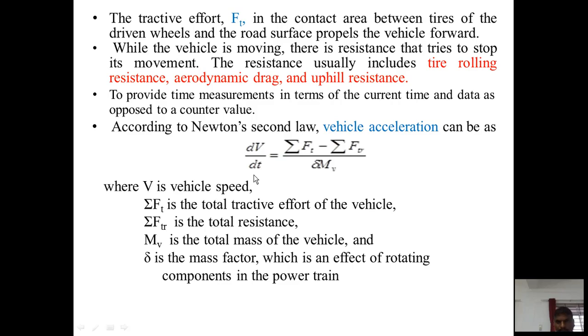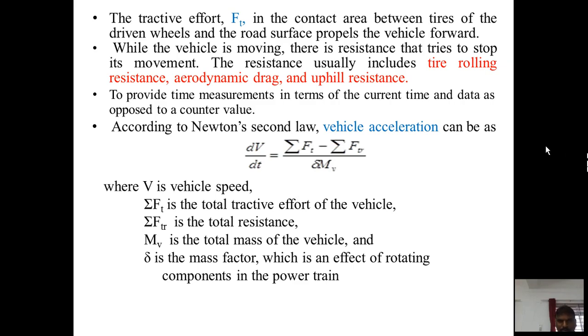The tractive effort F suffix T in the contact area between tires of the driven wheels and the road surface propels the vehicle forward. While the vehicle is moving, there is resistance that tries to stop its movement. The resistance usually includes tire rolling resistance, aerodynamic drag, and uphill resistance.